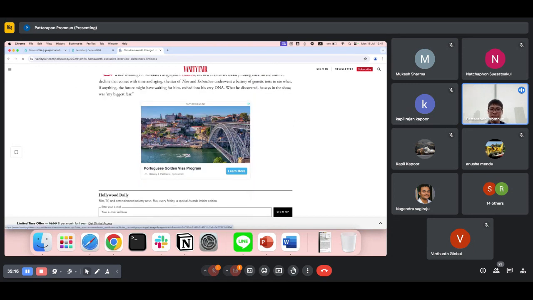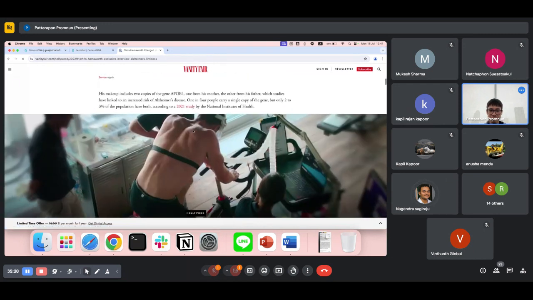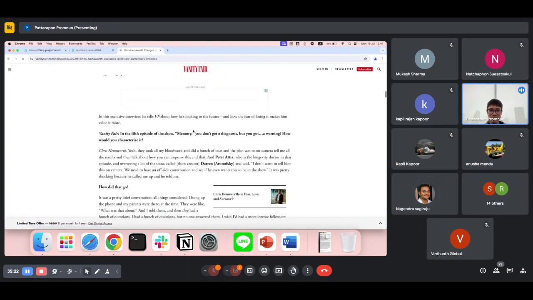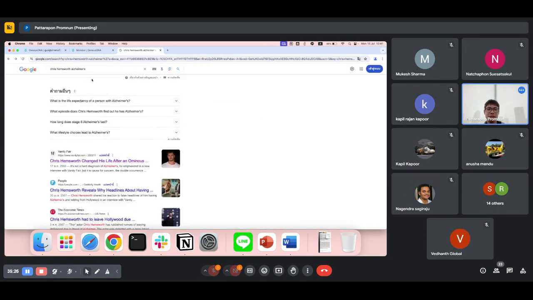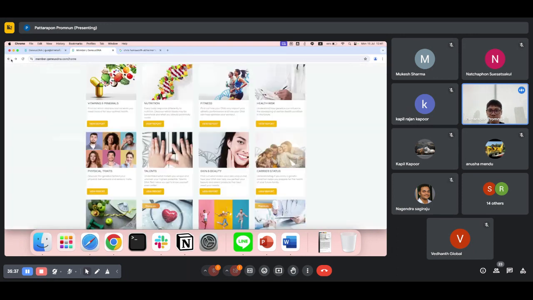We also test that gene at Geneus DNA. Many actors and actresses are welcome to open some of their results publicly. Okay, let's see other reports.